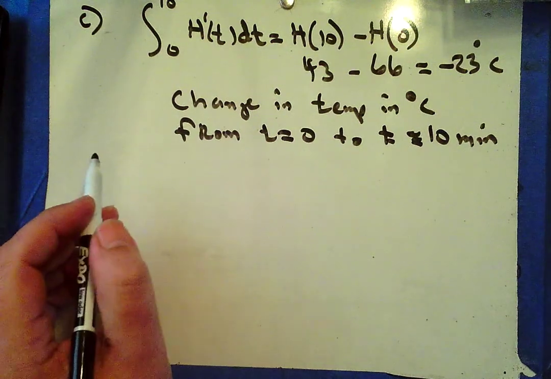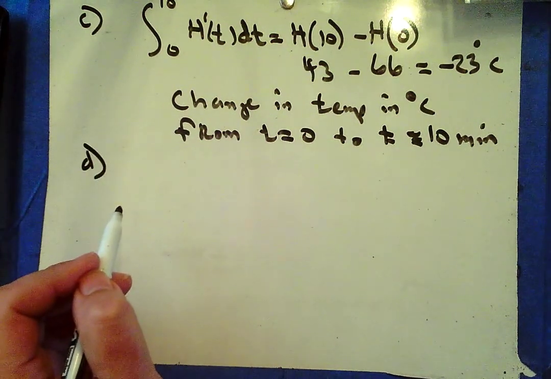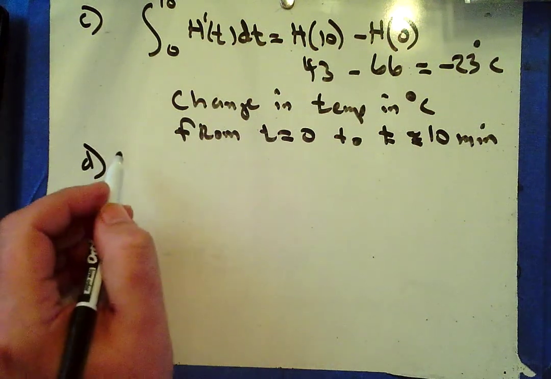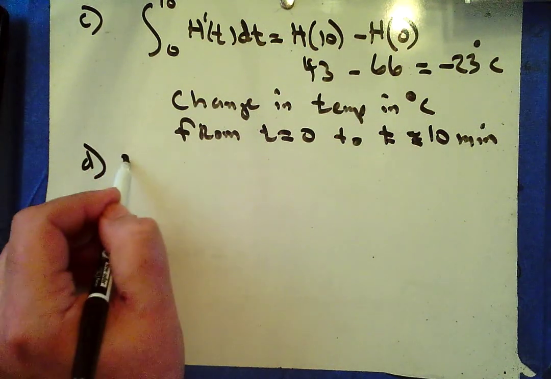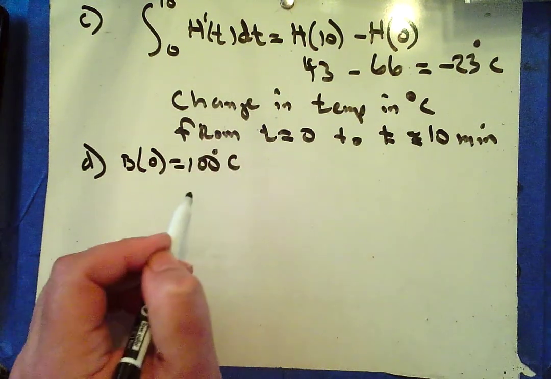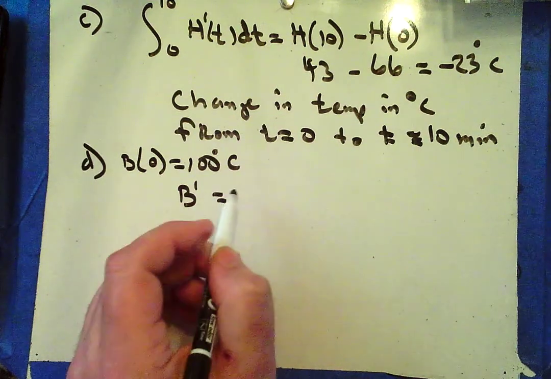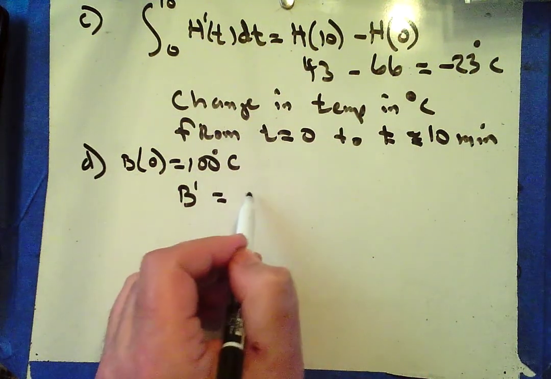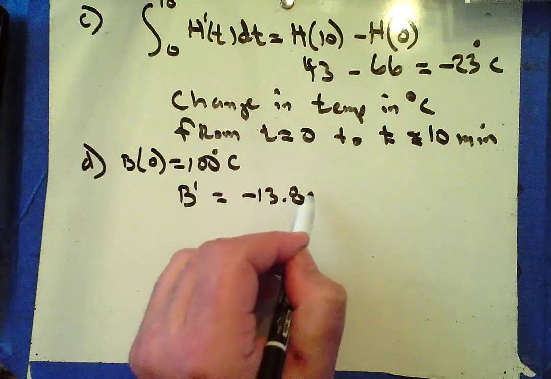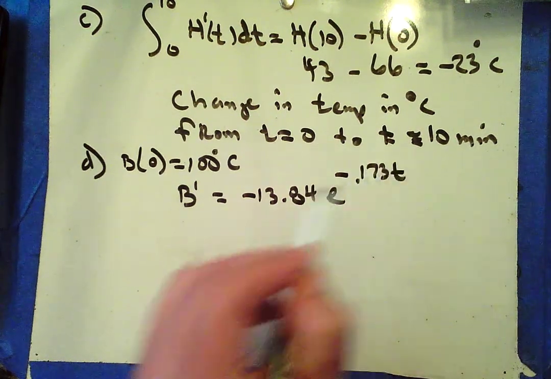Okay, part D. Now we've got biscuits. At t equals 0, the initial temperature of the biscuits, B of 0, was 100 degrees Celsius. And we have this b prime function, which is negative 13.84 e to the minus 0.173 t.